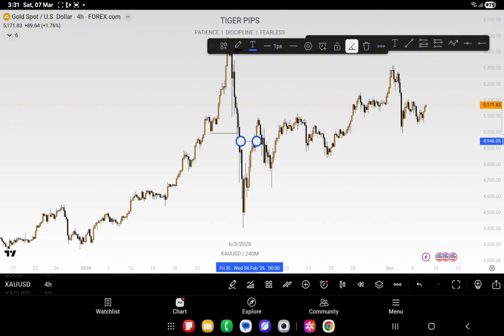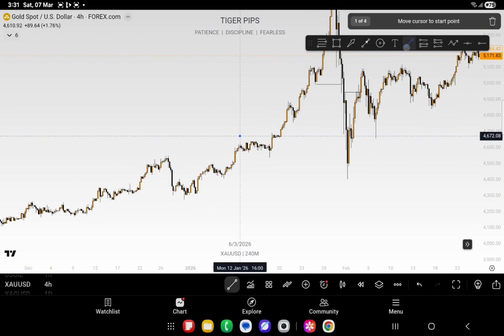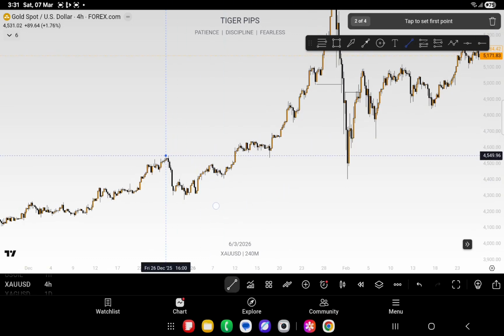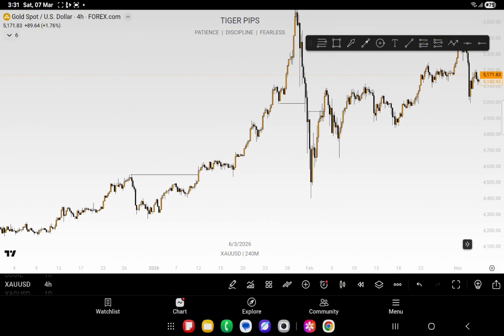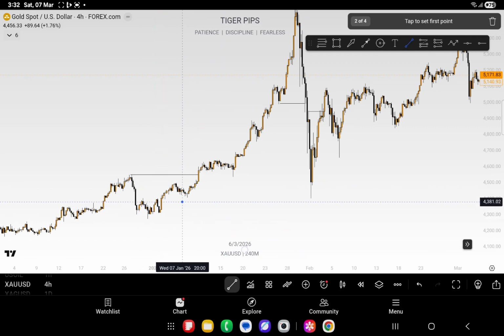Do you understand? Now let me explain this. If you watch very well, you see the market also broke structure here, and this pullback came back to retest key levels around this level.